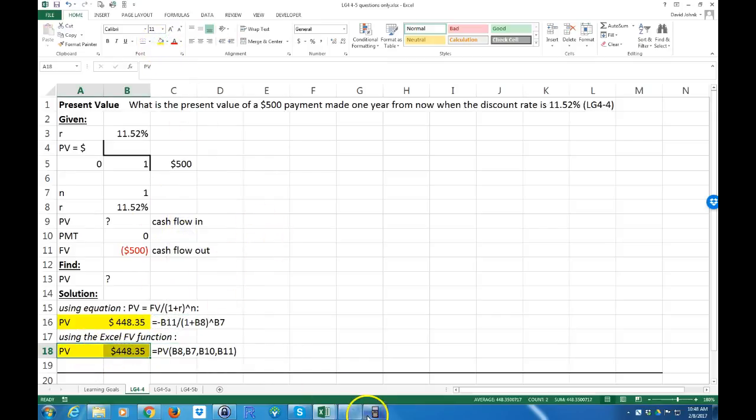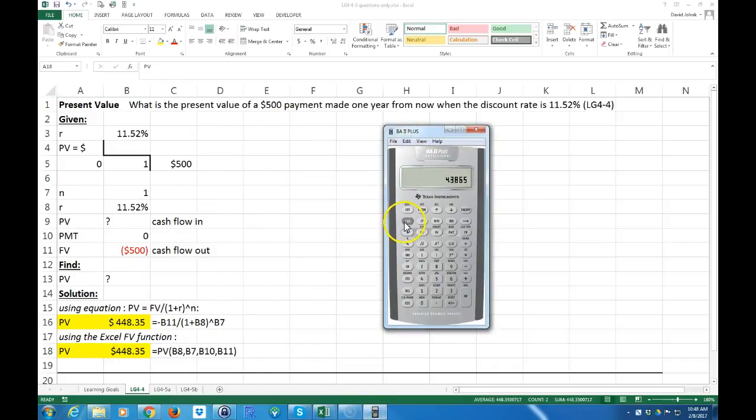If you're going to do it on the calculator, first you want to clear it. So I'm going to go second, clear work, also clear the screen. And you just do it in the order we have here. So I go 1 is N, and then R, so I'm going to go 11.52. This I per Y, interest rate per year, is the same thing as our R. Then the present value is what we don't know, so I'll skip that one.